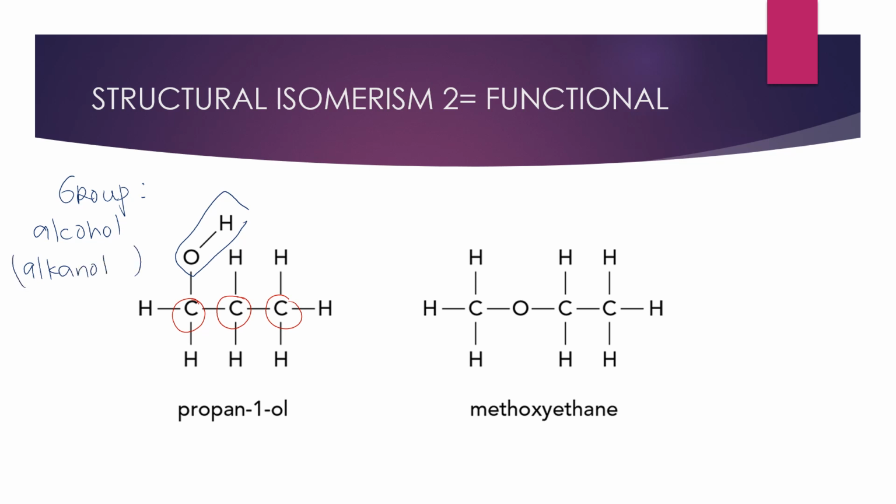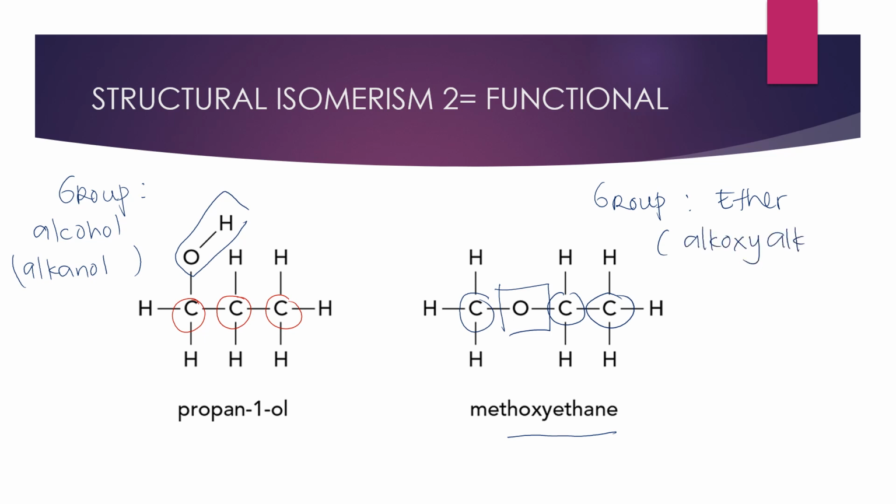The second isomer or the second substance is methoxyethane. Here we have 3 carbons with functional group O, and then the group is ether or alkoxyalkane.